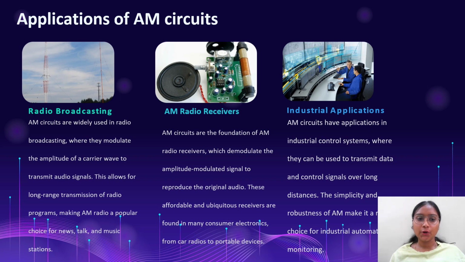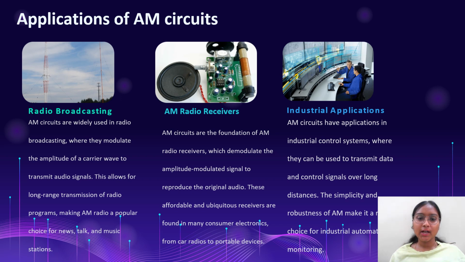First one, radio broadcasting. AM circuits are widely used in radio broadcasting where they modulate the amplitude of a carrier wave to transmit audio signals. This allows for long-range transmissions of radio programs, making AM radio a popular choice for news, talk, and music stations.